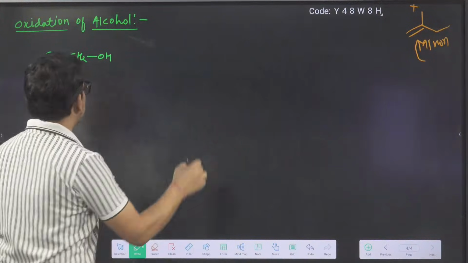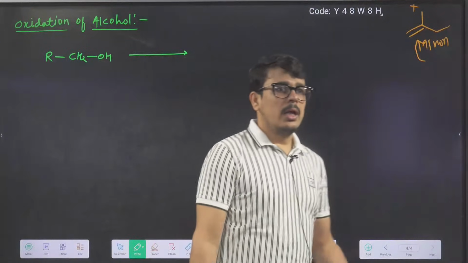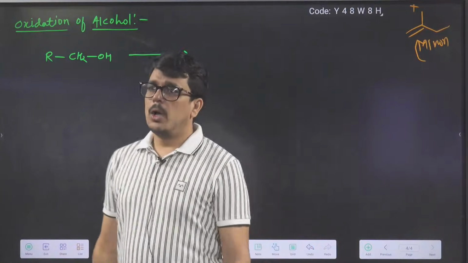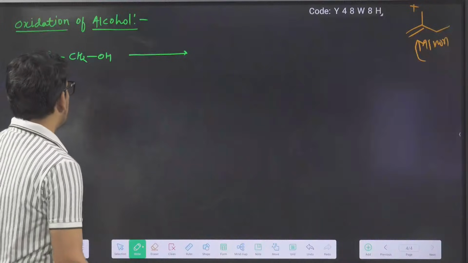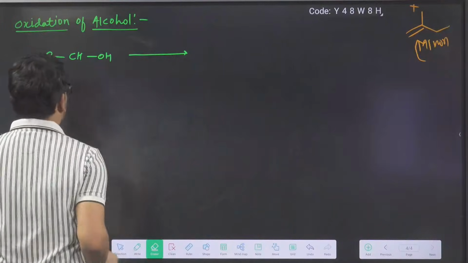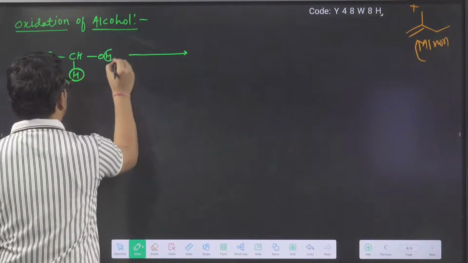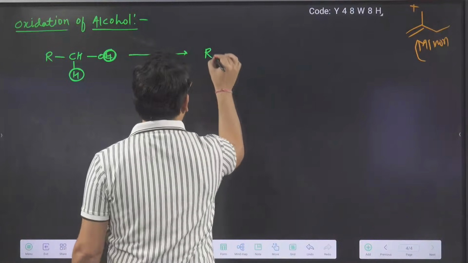As per you, what is the meaning of oxidation? Oxidation meaning, either I can define this in one way, first removal of hydrogen, or second addition of oxygen. So if I remove hydrogen, one from that carbon to which OH is attached and one from the OH, then what you will get here?